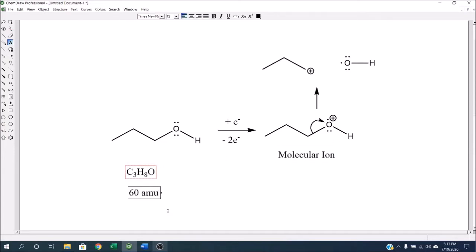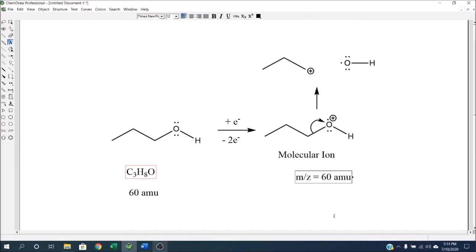This molecular ion over here is going to have a mass of 60 as well. I tried to make the argument before that losing an electron does not substantially change your mass. The way they will typically write this is that the mass is equal to 60 AMU. And because not every single mass spectrometer generates only positive 1 charges, they do like to specify the charge as a ratio.